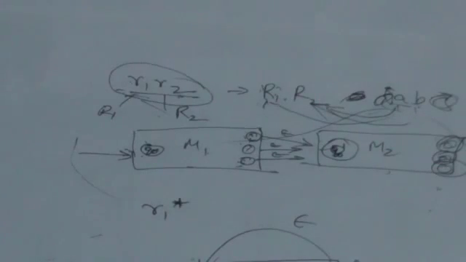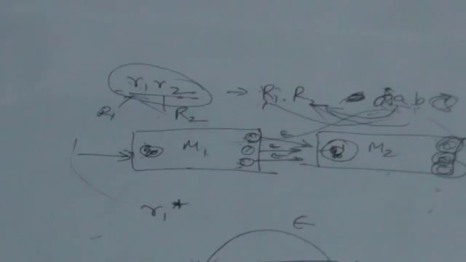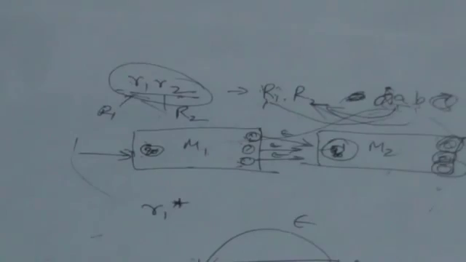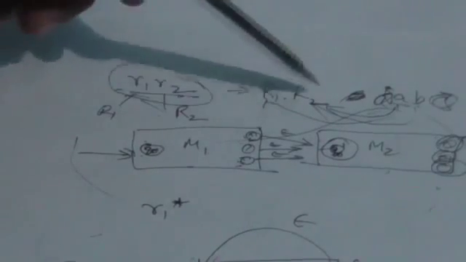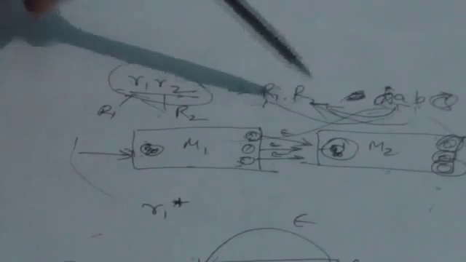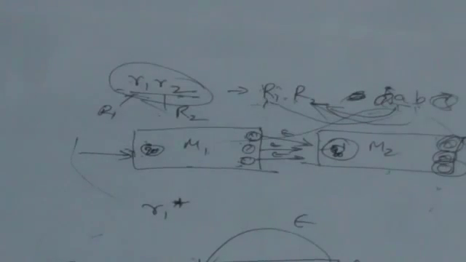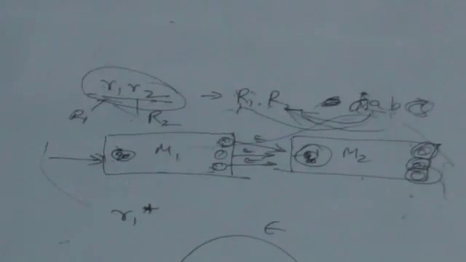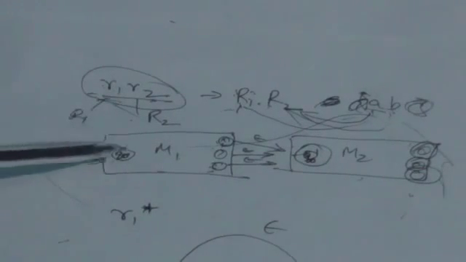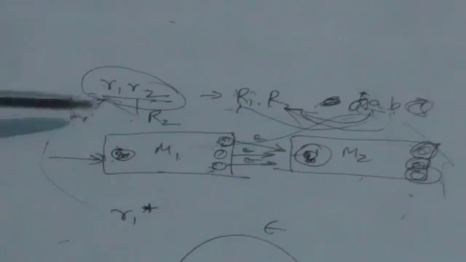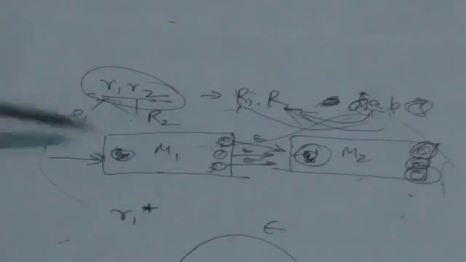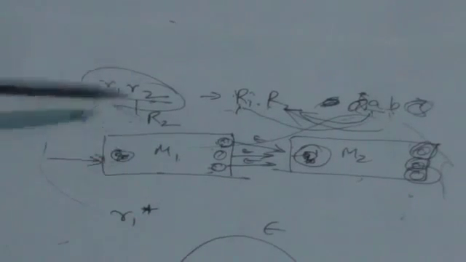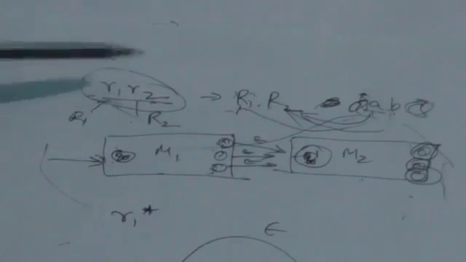Then we have to design a finite automata which will accept all the strings which belong to this set R1 concatenation R2. What we have to do? First, make the initial state of M1 the initial state of this newly designed finite automata. We have to design a finite automata for this expression R1, R2.